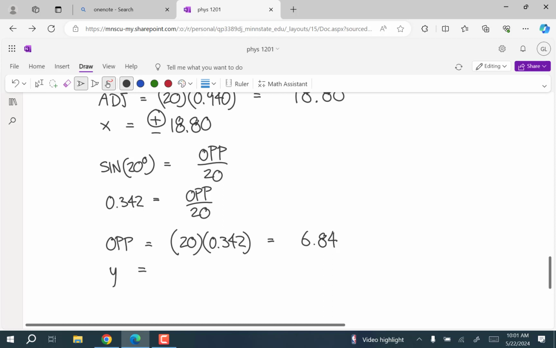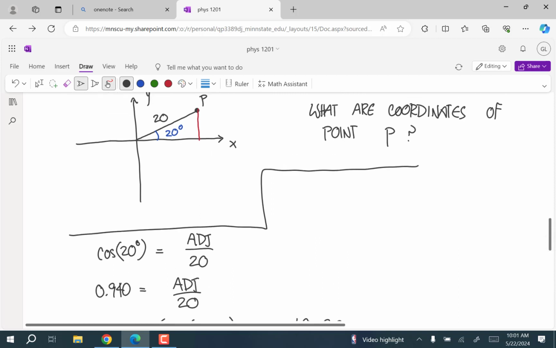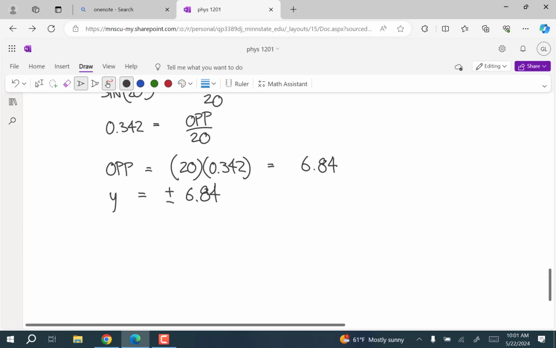Well, the y value is plus or minus 6.84. And then you have to think, is the point we're looking at in the location of positive y values or negative y values? This is positive. And so again, we're going to take the positive.